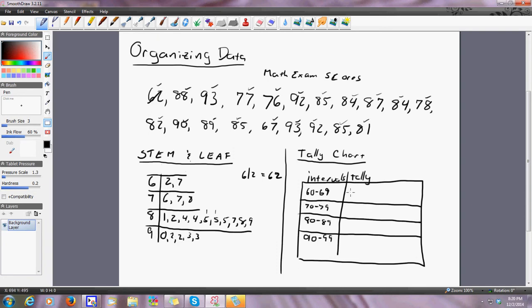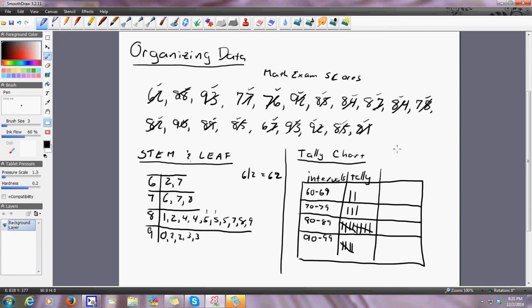So I then do a tally, and this is kind of nice. I hit 62, I cross it off. 88 goes in there. 93 goes in there. 77, 76, 92, 85, 84, 87, 84, get 4 and then one more, 5, 78, 82, 90, 89, 85, 67, 93, 92, 85, 81.